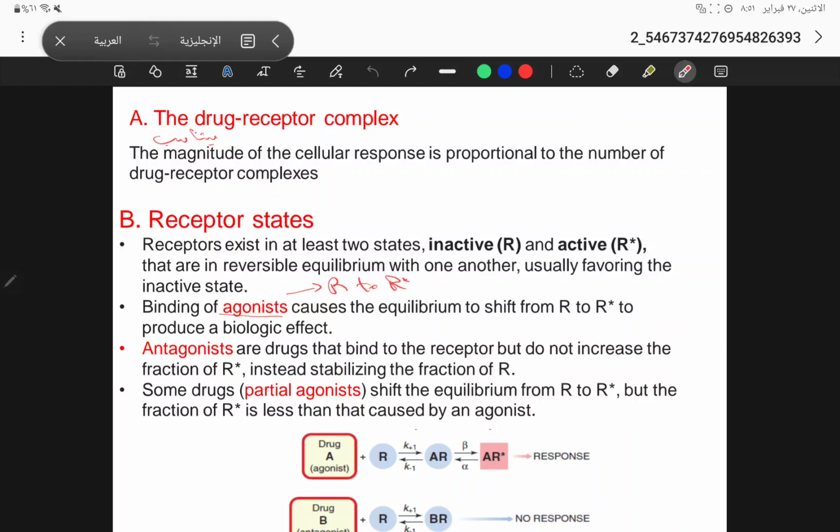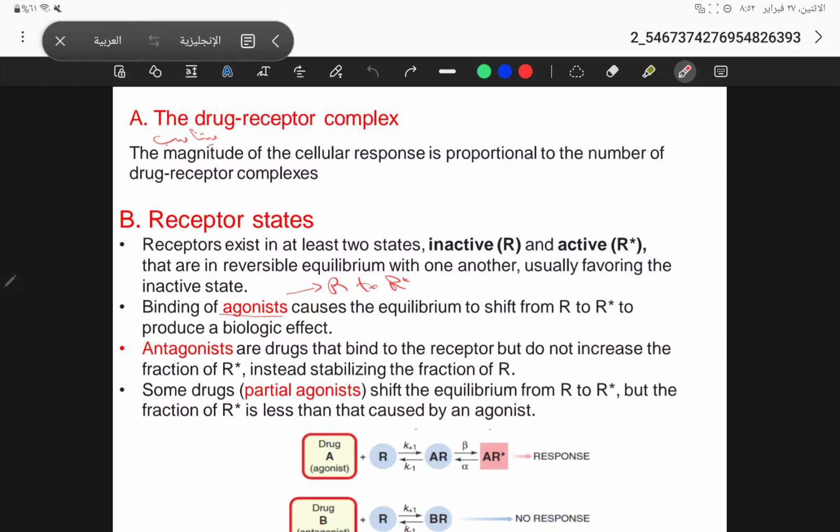We have another term called the antagonist. Agonist, antagonist. An antagonist is any drug that binds to the receptors but does not increase the fraction of the active form of the receptor.